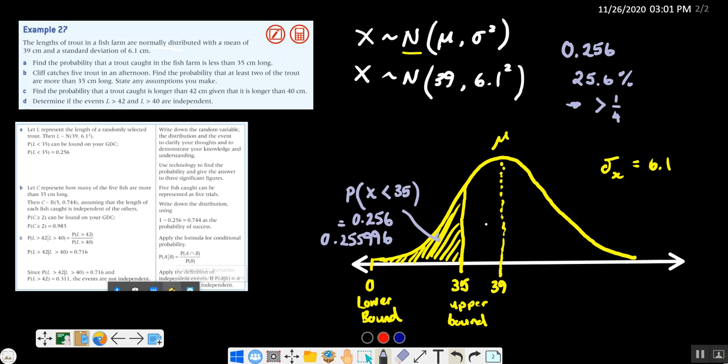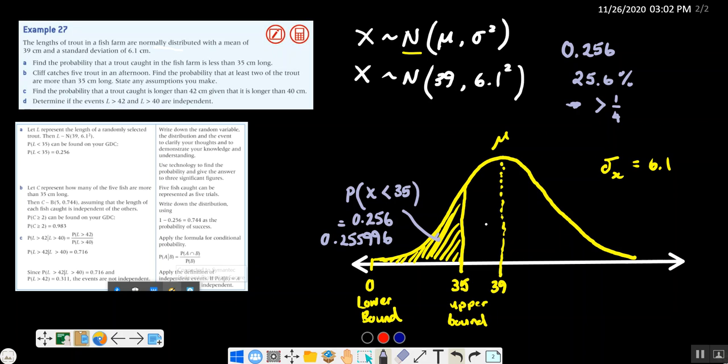I haven't told you how many there are, so we can't do anything further, but we could say I would expect 25% of them, or a little bit more than 1/4 of them, to be less than 35 centimetres long. Okay? All right. Does that sound all right so far?